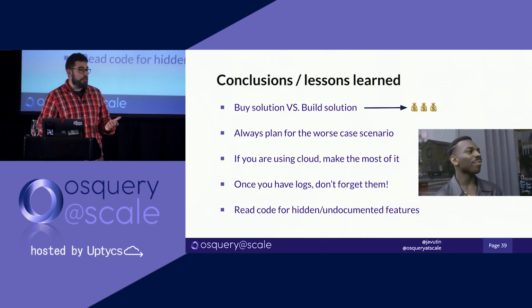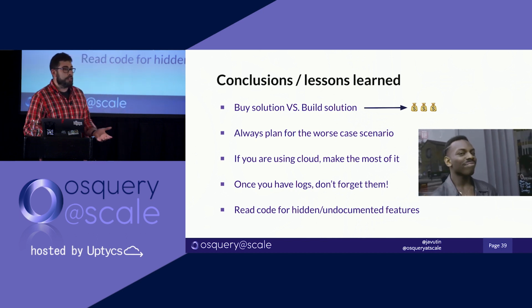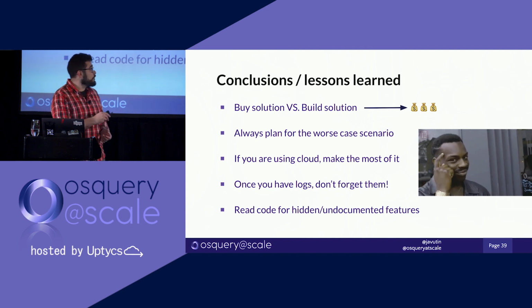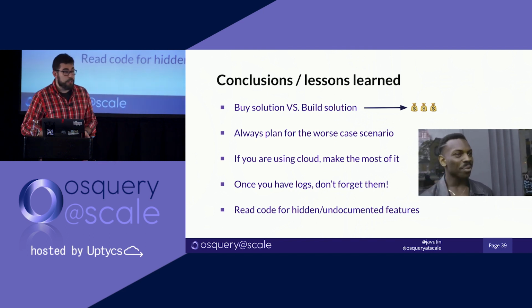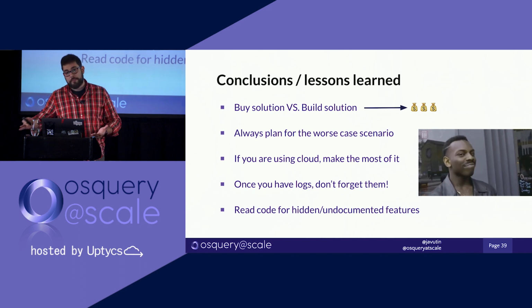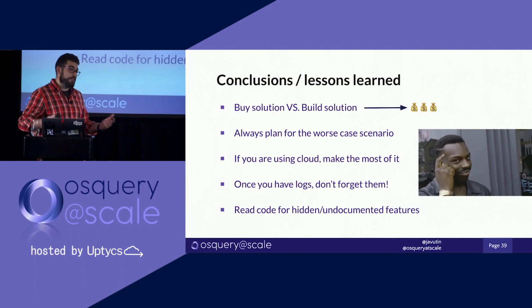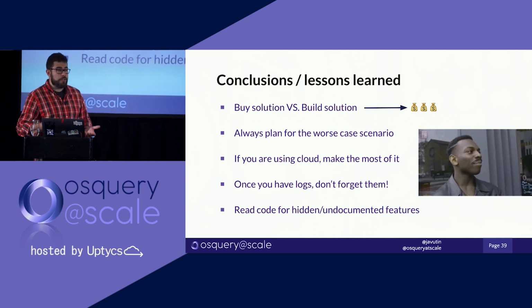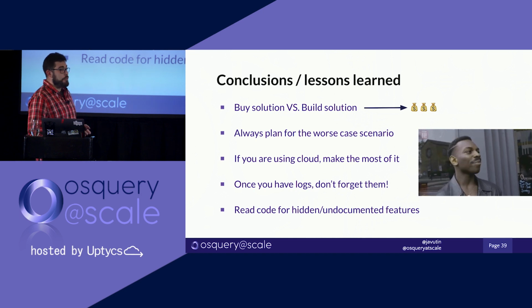When people say, well, I don't have the power to build a solution because I don't have engineers, whether you buy a solution or you build a solution, you're going to be spending money. Whether you want to spend money on long-term investments, or just buy this product for this year and then see, either way, you are not going to be able to do it on the cheap side.